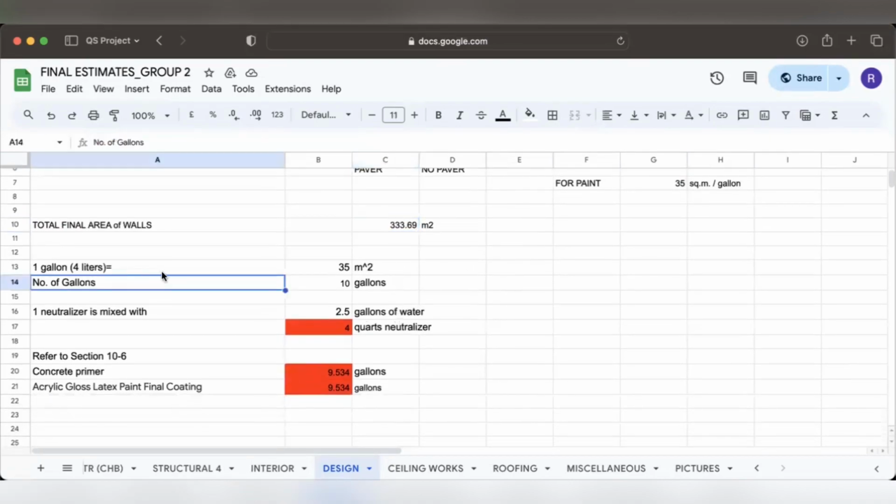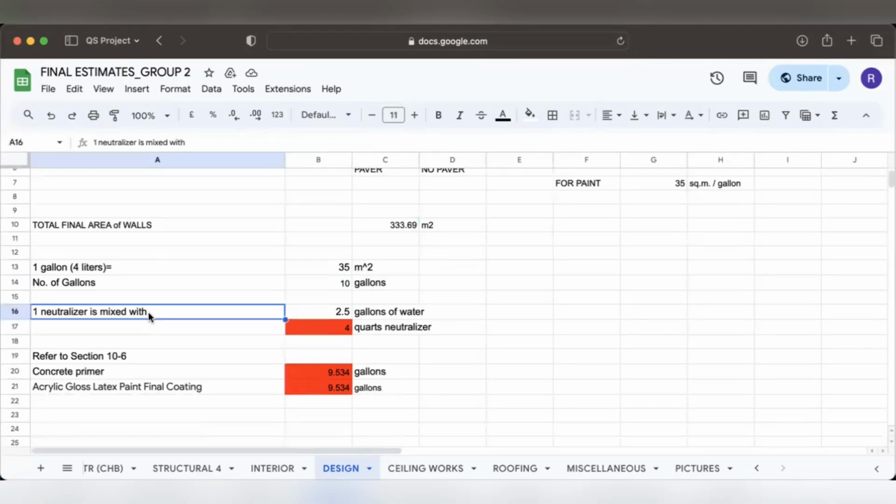To solve for the number of gallons, 1 gallon or 4 liters is equal to 35 square meters. To get the number of gallons, we multiply the total area by 1 gallon over 35 square meters, by ratio and proportion.